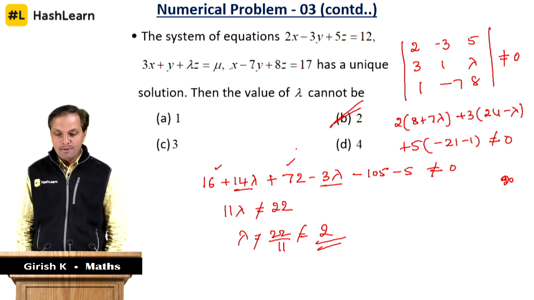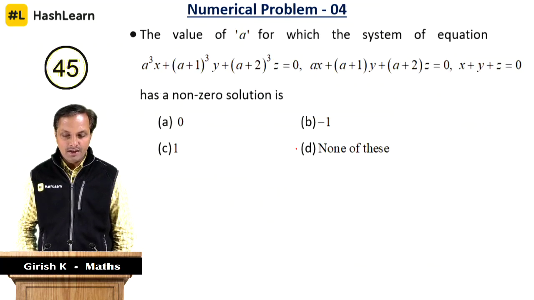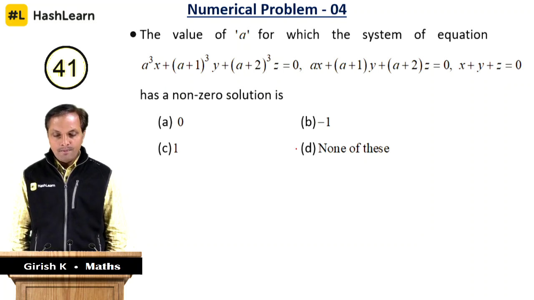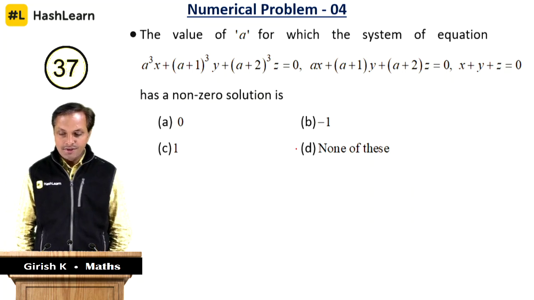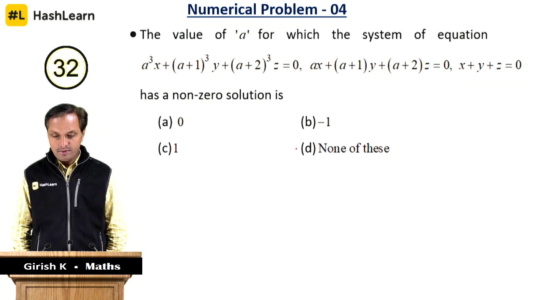Get ready for the next problem. Numerical 4 with 45 seconds. Here is a problem. Very important problem. What is the value of A so that the system of equation has non-zero solution?